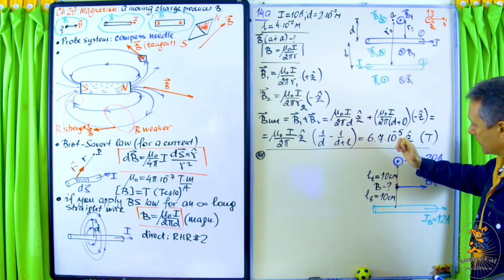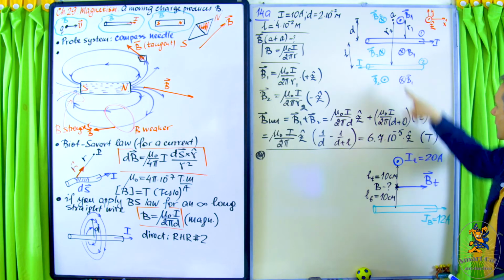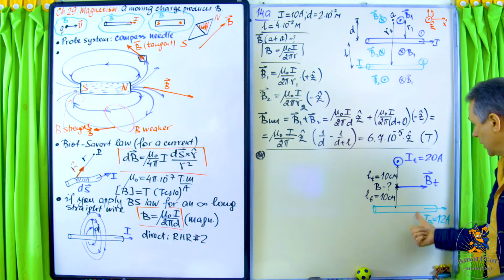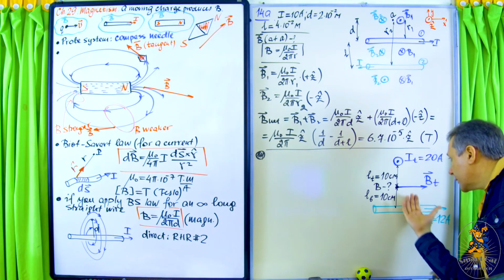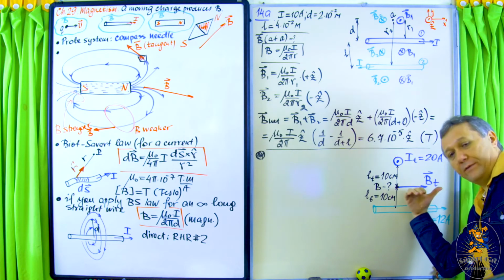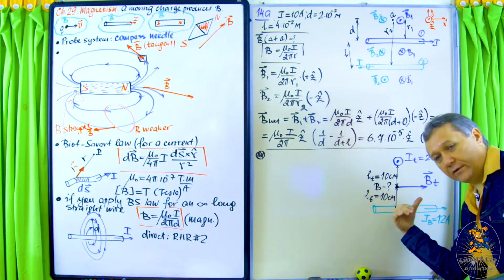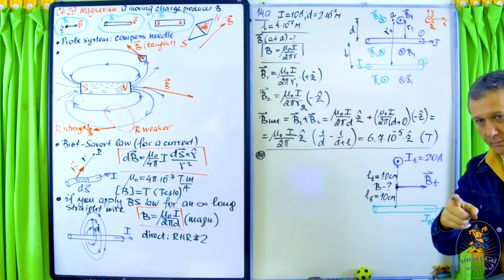Again, outstretch your thumb and curl your fingers. Now the bottom one, it's the same situation like here, right? So outstretch your thumb in that direction and curl your fingers. So of course, above the green wire, my fingers are out of the board, giving me a direction of the magnetic field out of the board, dot.